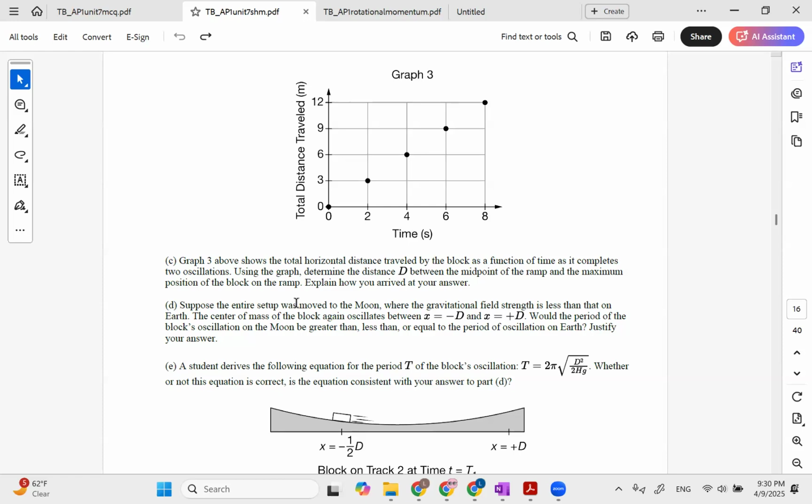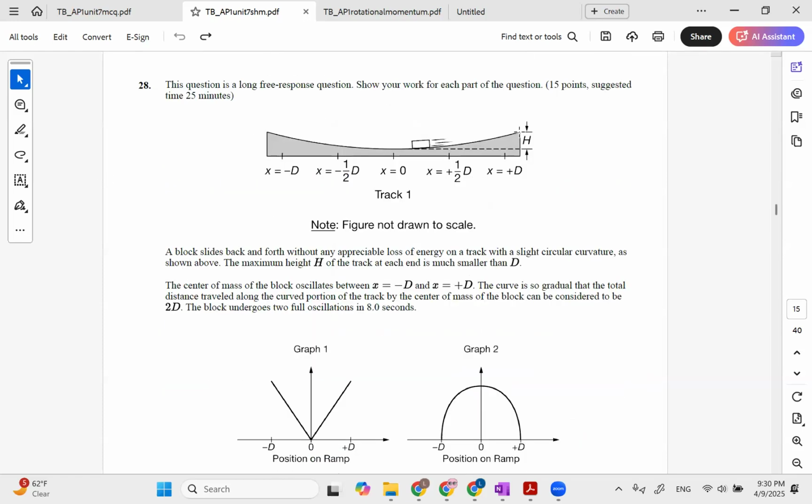Then does it affect the period? Will it affect the period? So analyzing this situation, what force is giving you this acceleration?